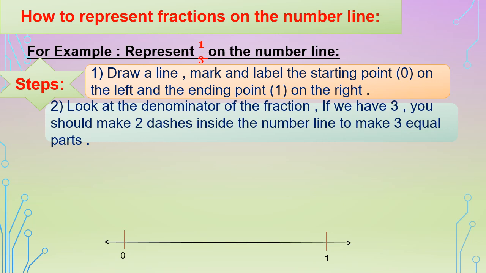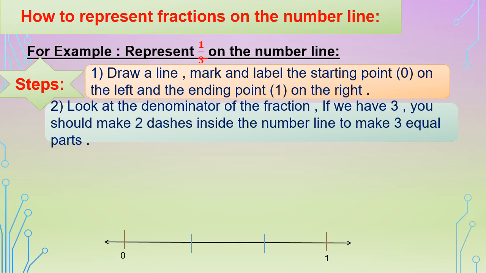So, this number line, we want to split it into 3 equal parts. What shall we do? You should make 2 dashes inside the number line, like this, to split it into 3 equal parts.